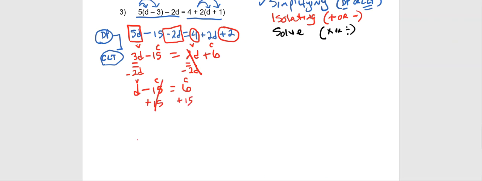That's going to make the 15s cancel, and the d is going to come down. And if we take a close look, 6 plus 15 should give us 21. So we should get a final solution of d equals 21. So that was my step 2.